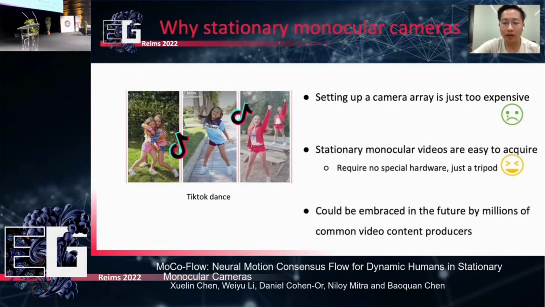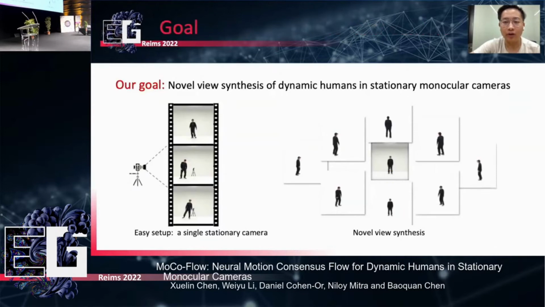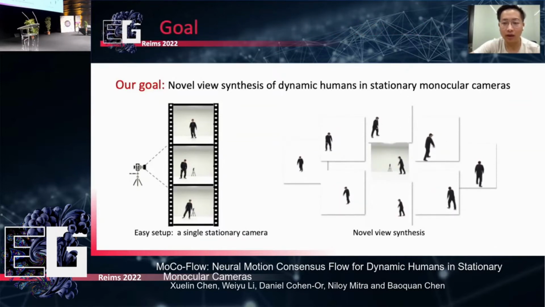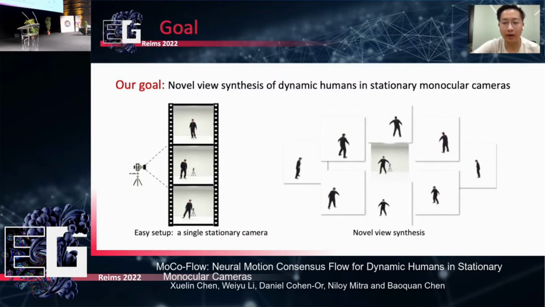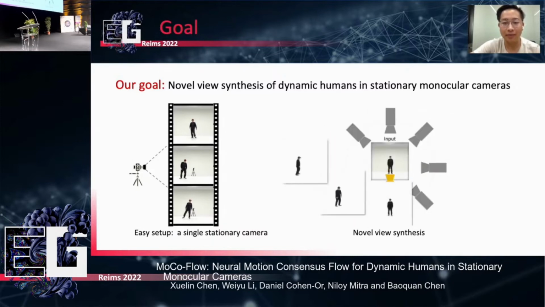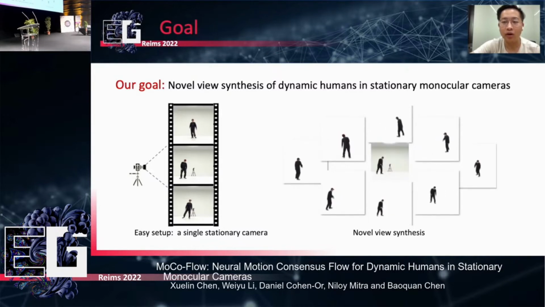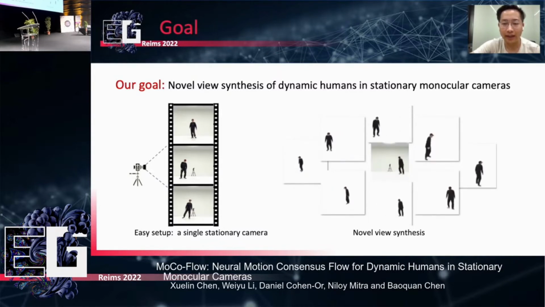However, stationary monocular videos are easy to capture using only a tripod, which means they have significant scope and are applicable in our daily life, like YouTube or TikTok. Our goal is to turn the idea into reality by using a single stationary camera that can be easily set up. You will be able to pause or rotate around the performer from any angle at any time.